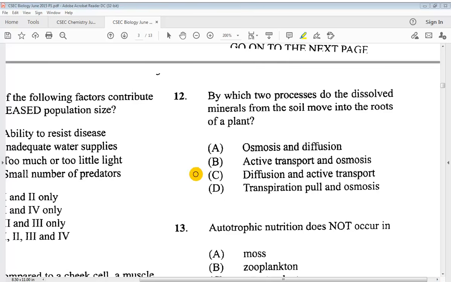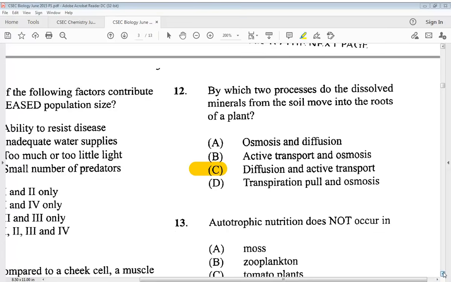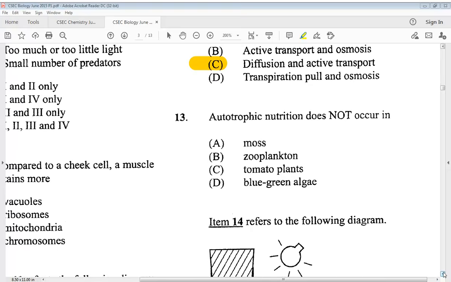The answer for 12 is C, diffusion and active transport. 13 says, autotrophic nutrition does not occur in A, moss, B, zooplankton, C, tomato plants, D, blue-green algae. The answer for 13 is B.